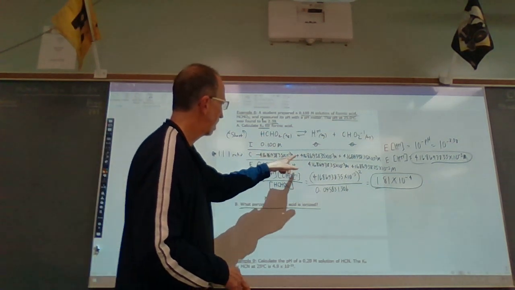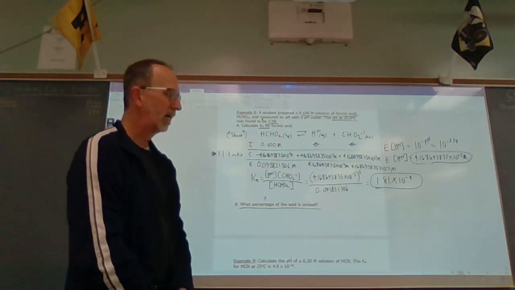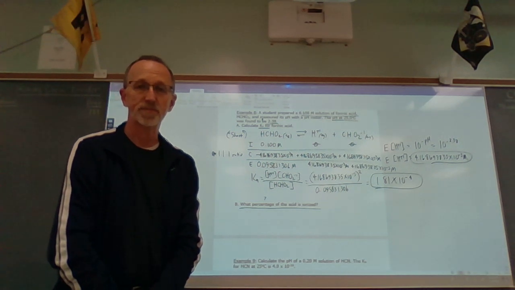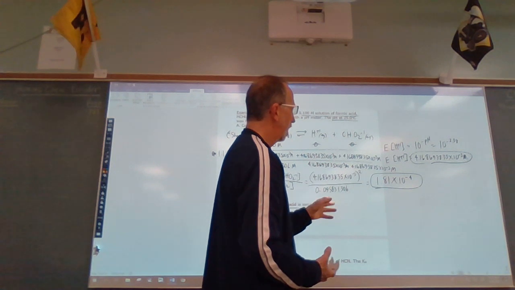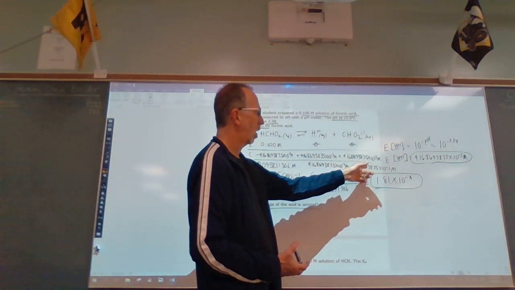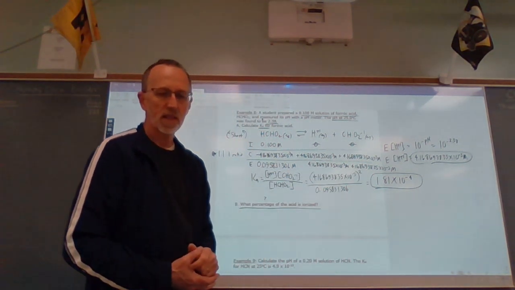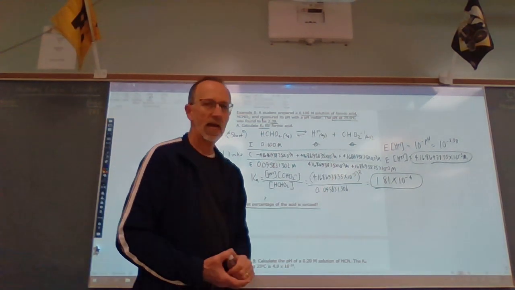So any of these numbers here basically would help us to solve this. But we technically look at what quantity of hydrogen ions were produced at equilibrium.